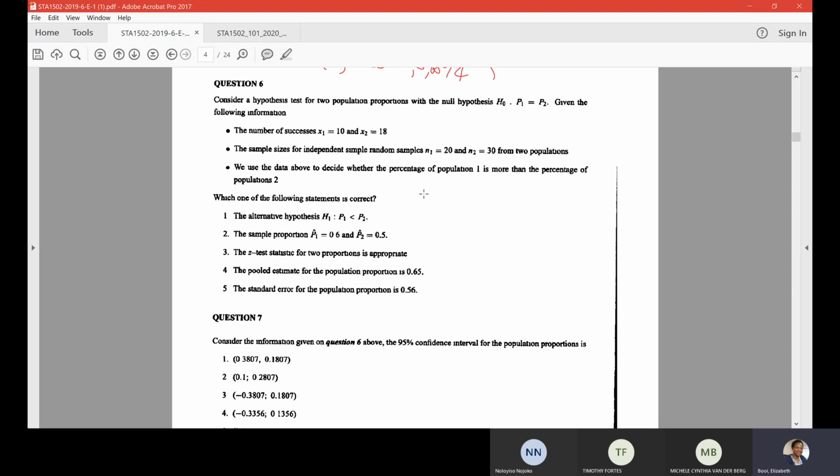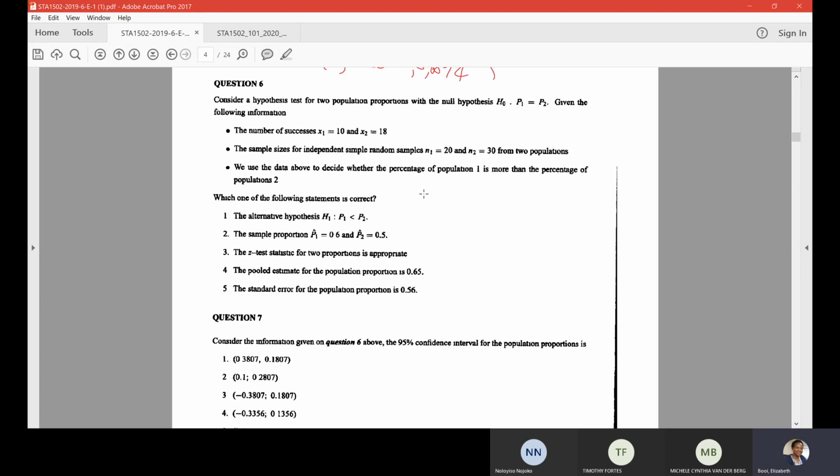Consider a hypothesis test for 2 populations with the null hypothesis that says the proportion for population 1 is equal to the proportion of population 2. Given this information, there are X number of successes, which are 10, and for the other population is 18.